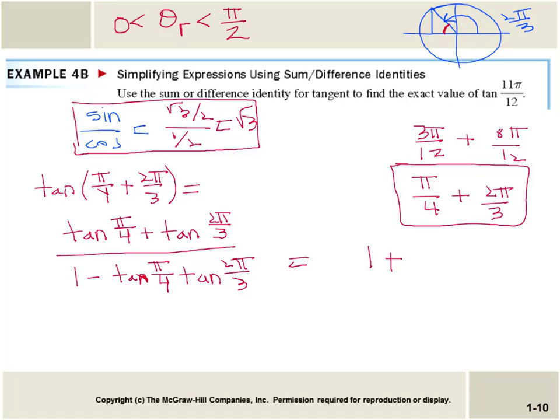Since it's in quadrant 2, is it positive or negative? It's negative. So this becomes minus square root of 3.